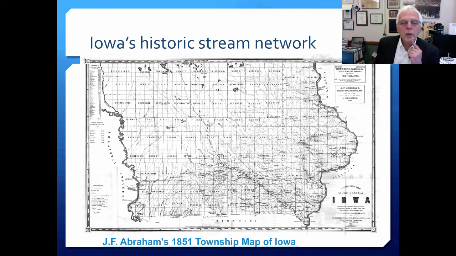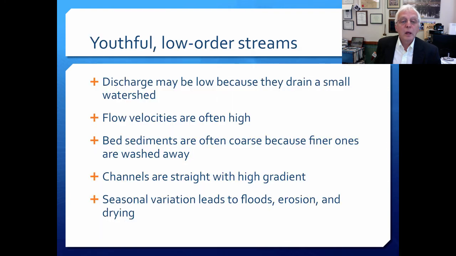I have worked in Iowa for quite a while, and this is a stream pattern that we see in this region, and you can see it's fairly dendritic, or at least it was originally until people began to improve drainage. And this was a recently glaciated area, so it was fairly homogeneous sediment, and so you'd expect a dendritic stream network.